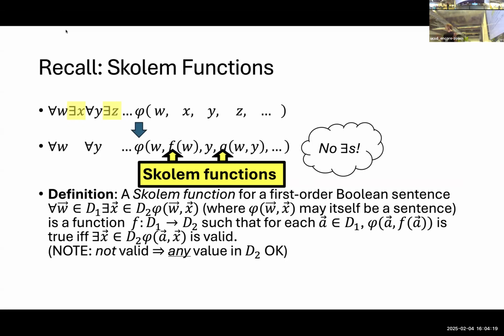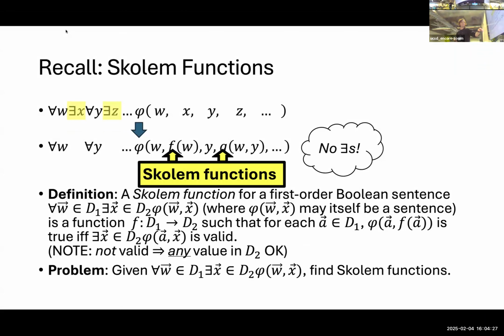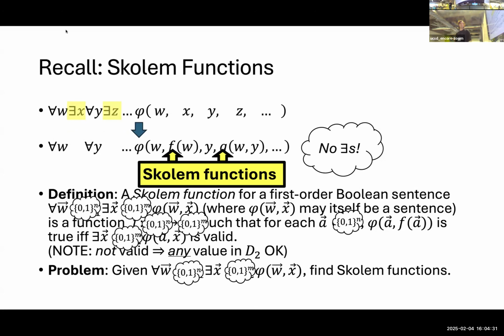And that's useful actually in some applications. Anyway, for the purposes of today, the domains will just be Boolean strings, and the problem is going to be, given some formula of this form, you want to find a circuit computing a Skolem function.